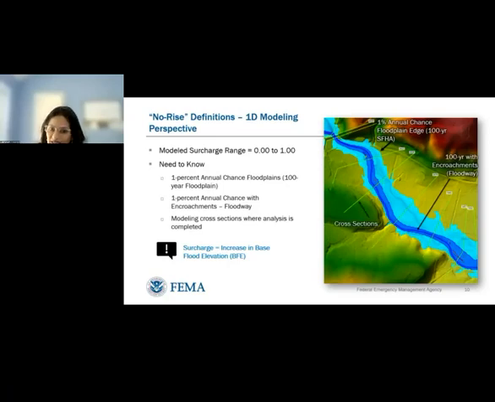And then in a 1D setting, you would be seeing the cross sections from the 1D models where analysis is complete. So as long as you know those three critical elements on a FIRM, you basically get the idea of the three critical pieces of information on the FIRM.